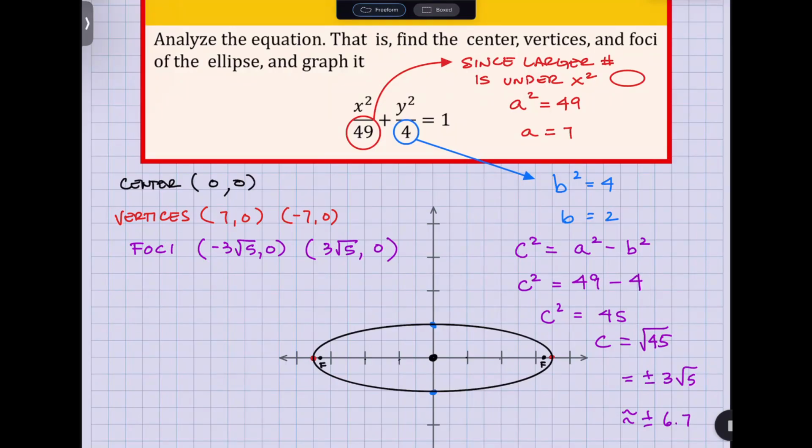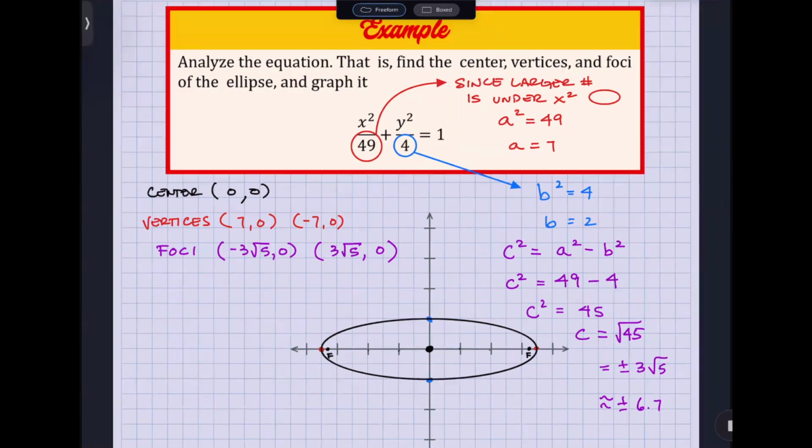Any other questions? I swear I saw a second hand raise. I had a question about the vertices. Okay. So how did you get that exactly? So the vertices are the ends, right? So what we said in the very beginning is that the distance from the center to the vertices is what value?